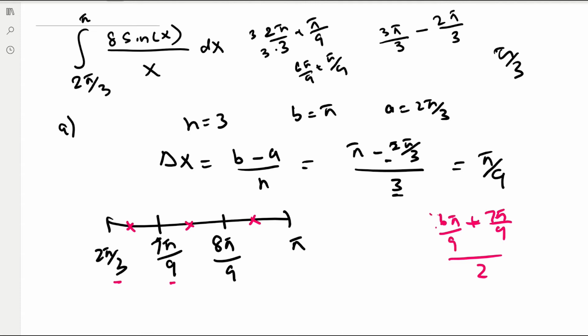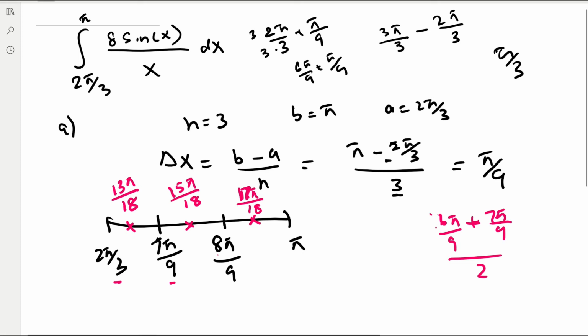So 6 plus 7 is 13, 13 pi over 9, divided by 2 is 13 pi over 18. Okay, so that's going to be the first midpoint. And the second midpoint is going to be 8 plus 7 is 15, so 15 pi over 18. And here it's going to be 17 pi over 18. That's the other midpoint.